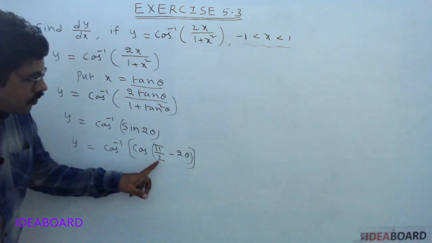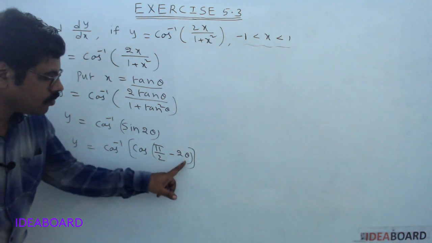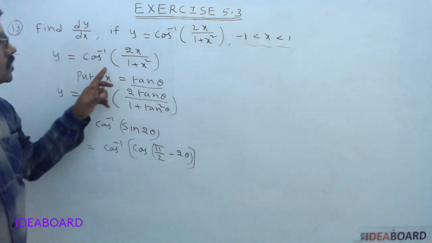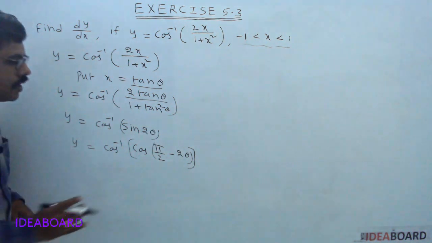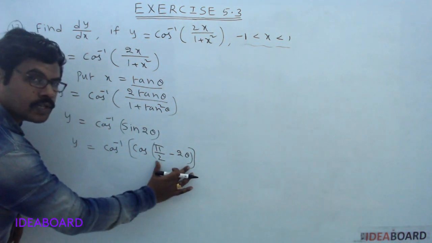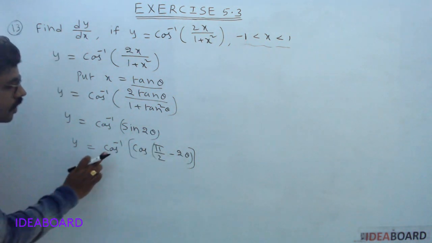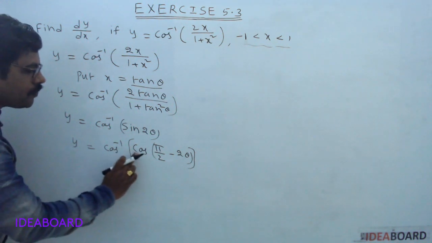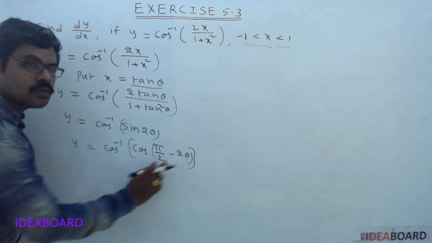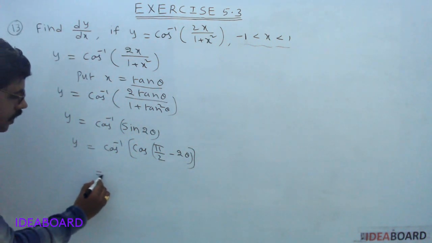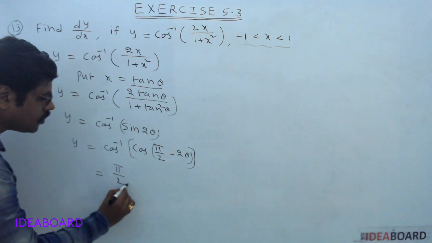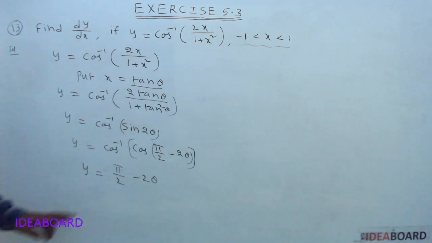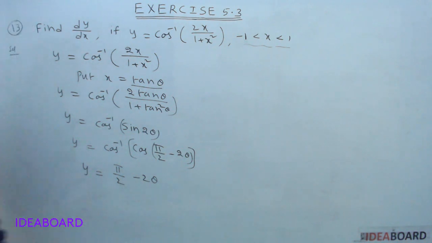So cos inverse of cos of pi by 2 minus 2 theta can be written directly as pi by 2 minus 2 theta. So y equals pi by 2 minus 2 theta.